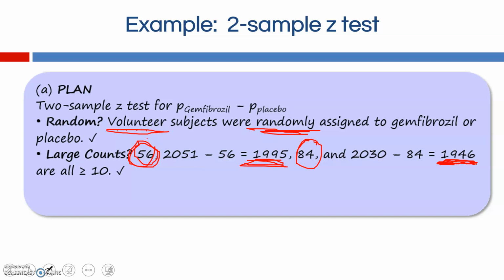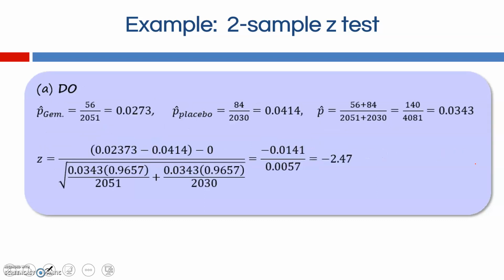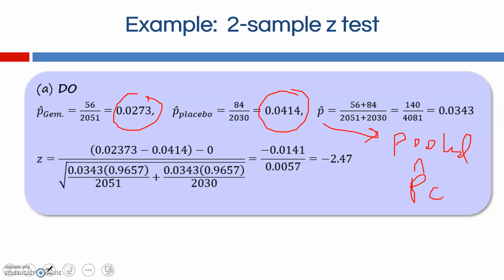All right, now the do step. So you can find all the individual proportions here. This is the p hat sub gemfibrozil, p hat sub placebo, and this is our pooled or our combined p hat sub c. Okay, now if you want to calculate this by hand, be my guest, but it's totally acceptable to use your calculator as long as you give the test statistic and the p-value.